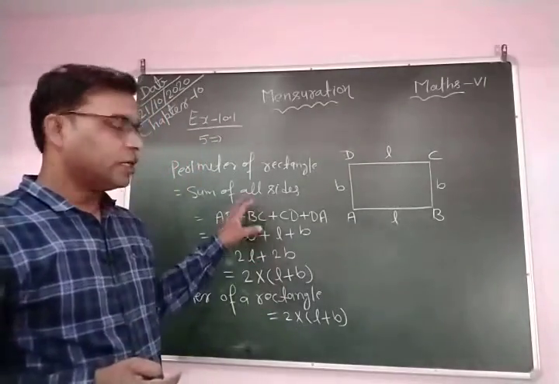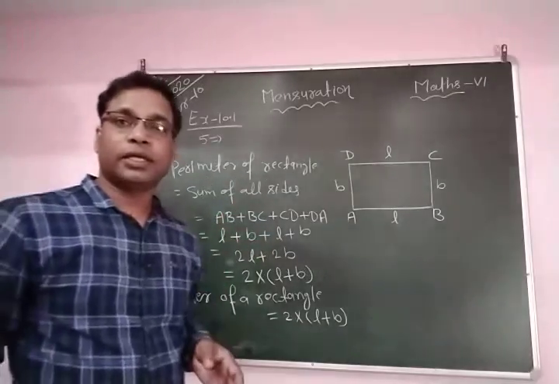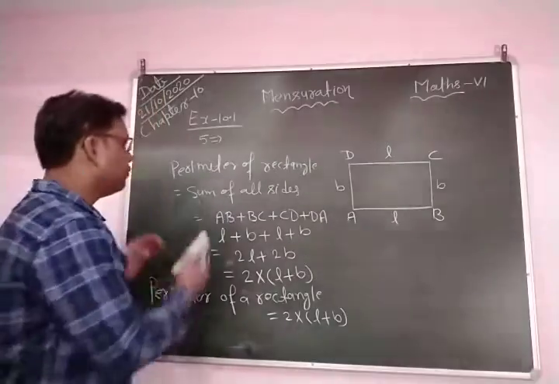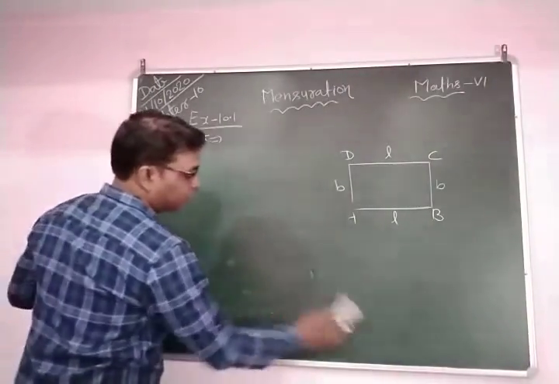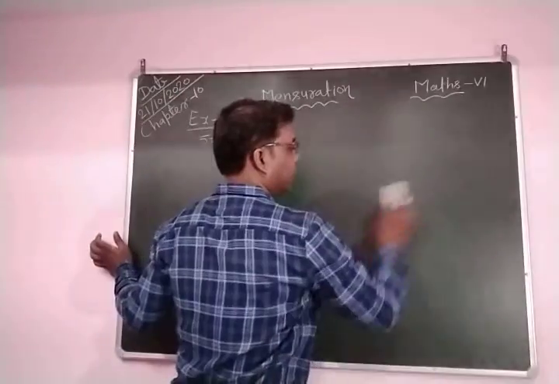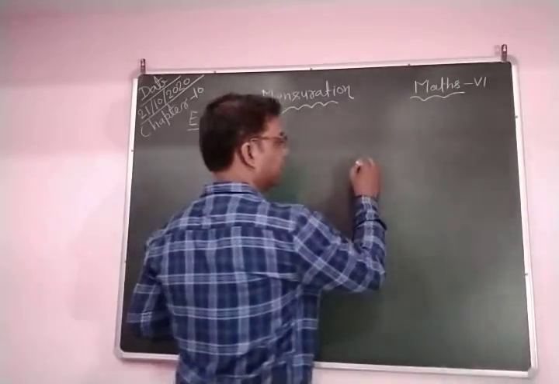Okay, now how can you find the perimeter of a square? First, we know that the perimeter of a square is the length of the boundary. In the case of a square, all sides are equal.